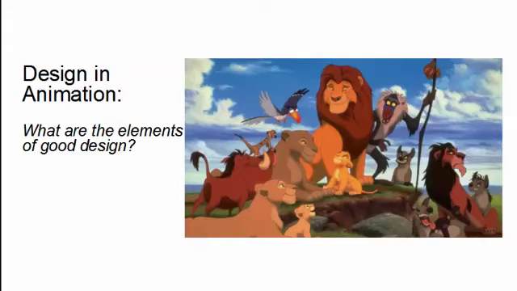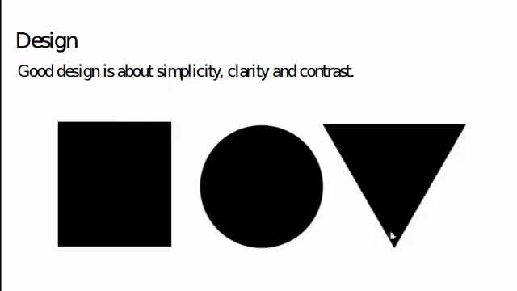So, to begin with the basics of design, good design is about simplicity, clarity, and contrast. And you can break almost everything down in design terms into really simple shapes. So even people can be reduced to squares, circles, triangles, very, very simple shapes. And if you begin with a simple shape, you'd almost always get a good caricature.